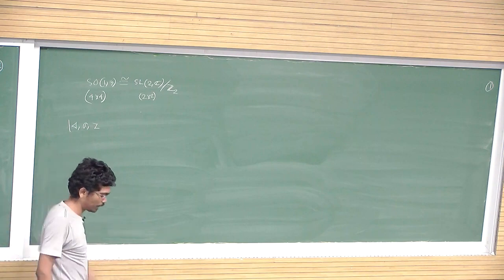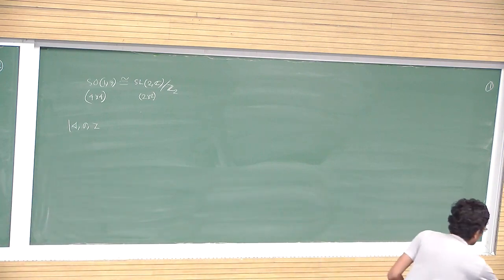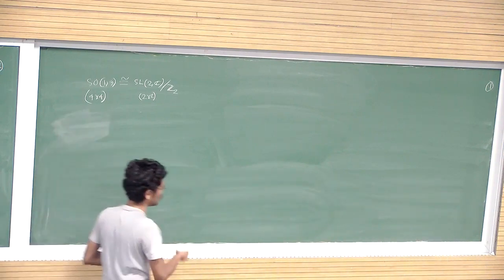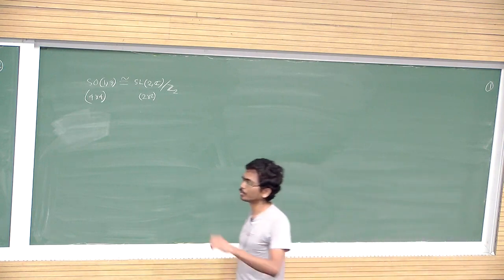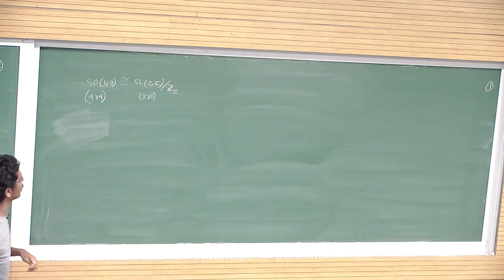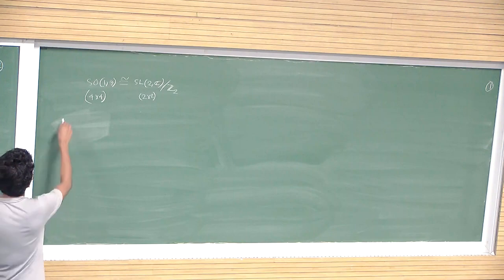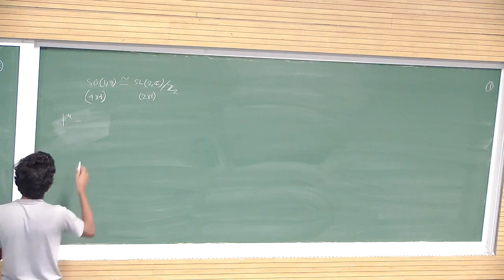Okay, so before that I want to recall something from yesterday. If you remember, I said that I will only be talking about massless particles in 4 space-time dimensions, and for any massless particle in 4 space-time dimensions, the momentum is null, and any null momentum can be parameterized using 3 variables.